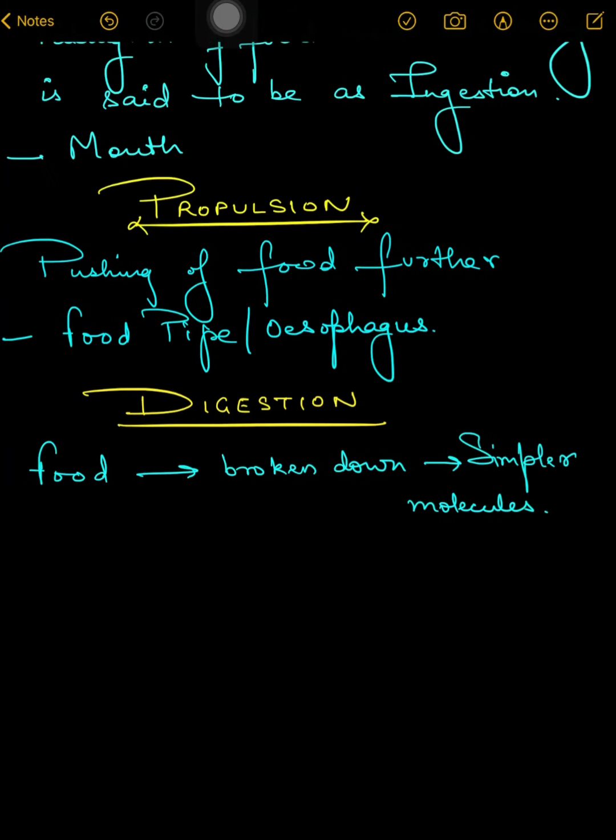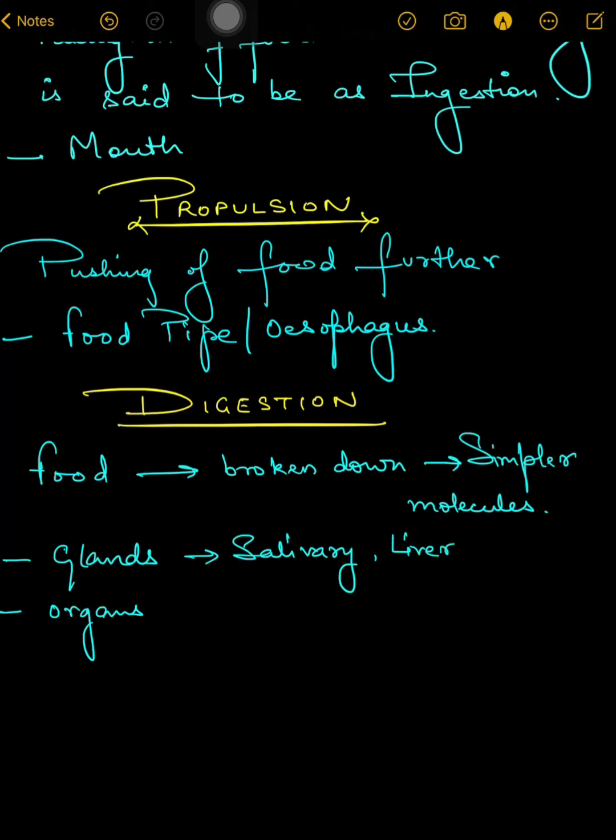Now the process of digestion involves certain glands and organs. Now the glands like salivary glands, liver and pancreas. Now the organs like stomach.